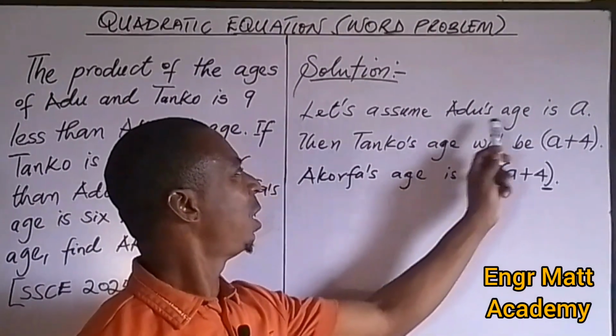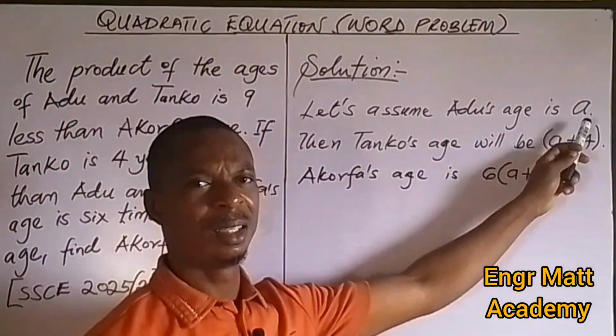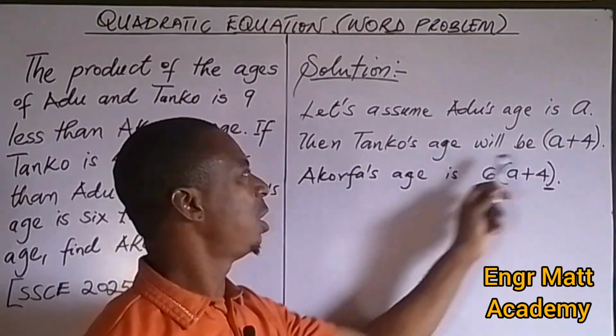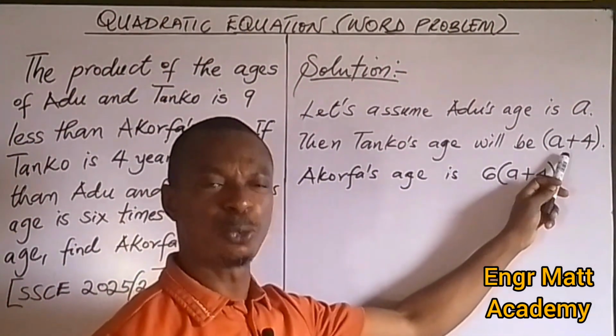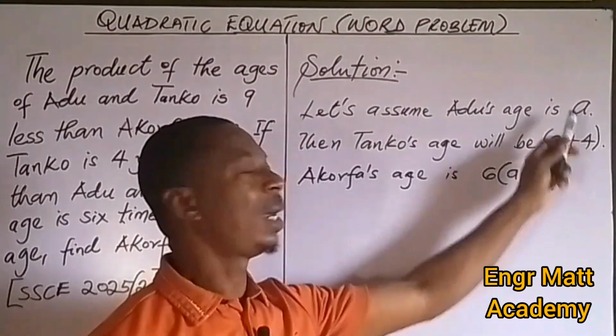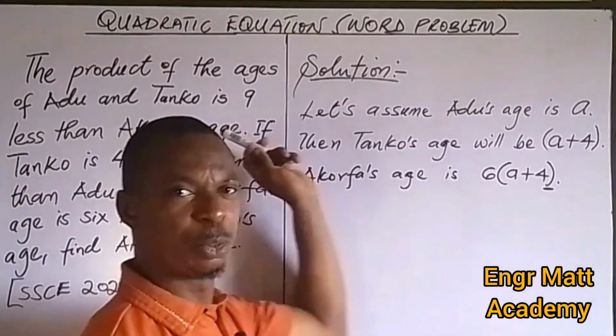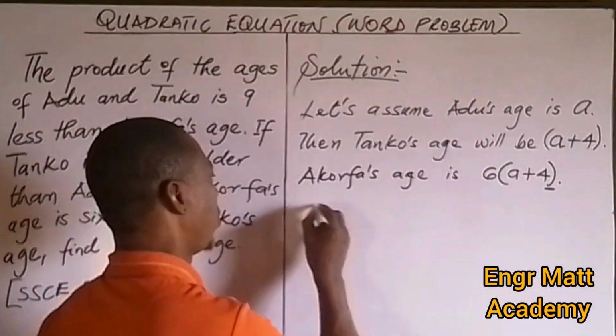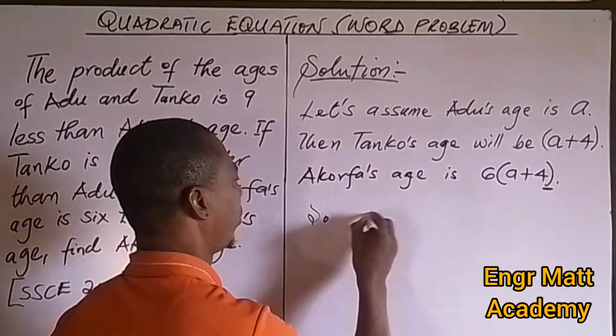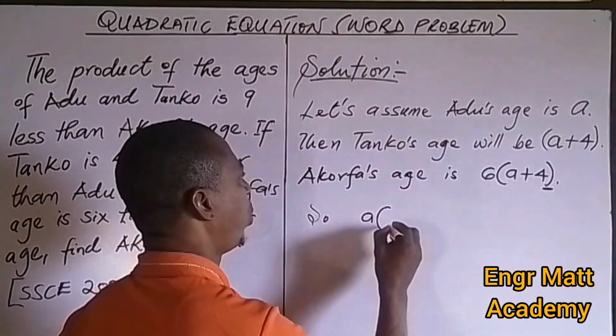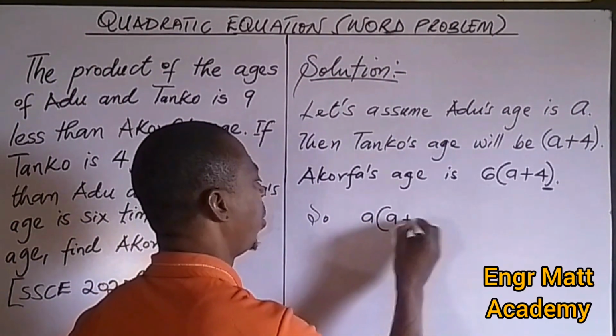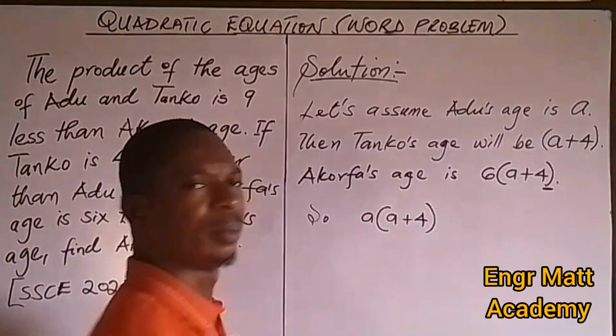Since Adu's age is A and Tanko's age is A plus 4, we multiply the two. That is the product. So A multiplying A plus 4. That is the product.